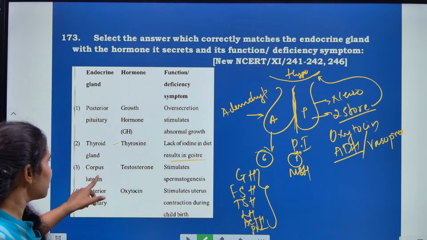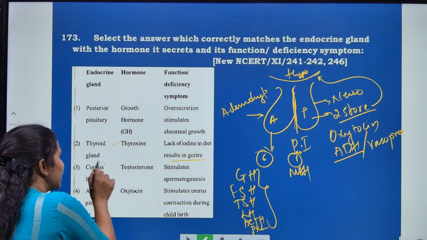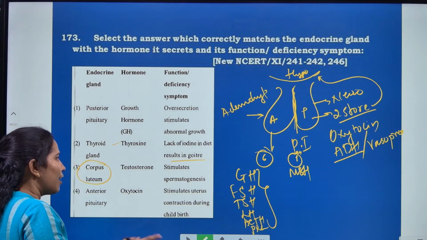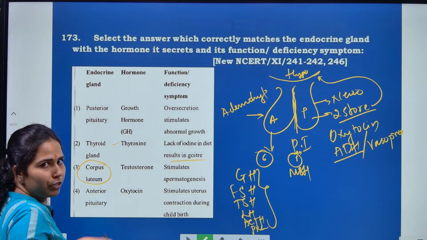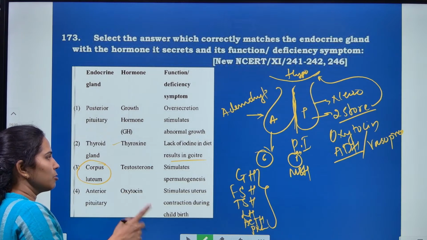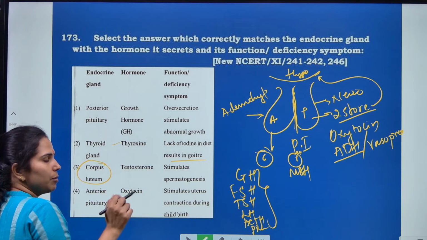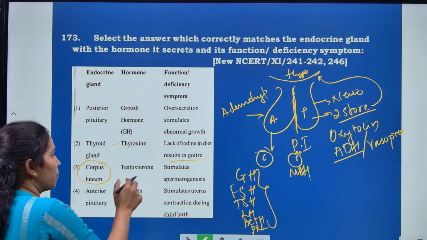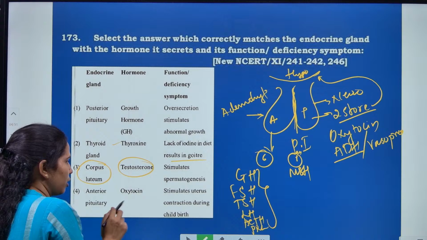Next one is the corpus luteum. The corpus luteum is a temporary gland present in the female reproductive system after fertilization. Once the egg is fertilized, the corpus luteum releases the pregnancy hormone progesterone. It is not testosterone.